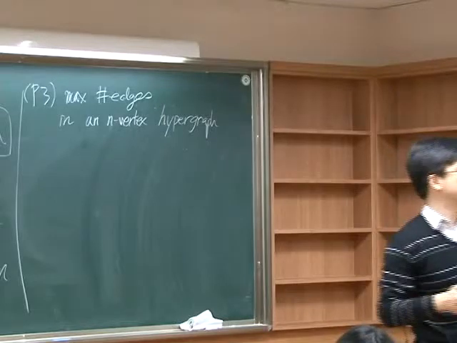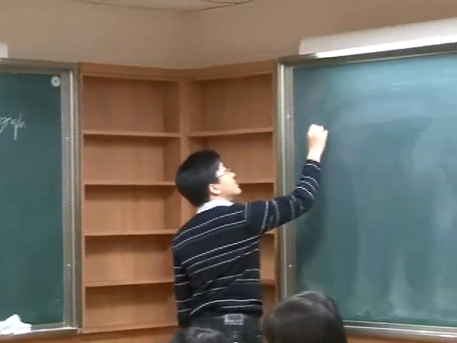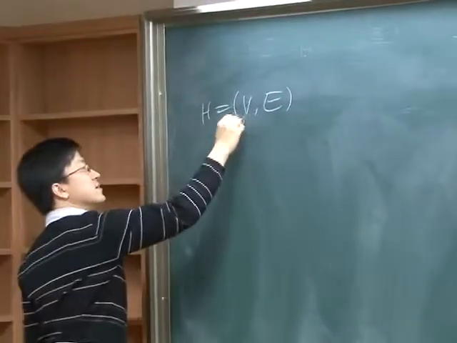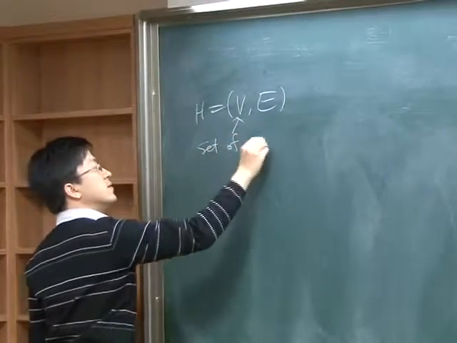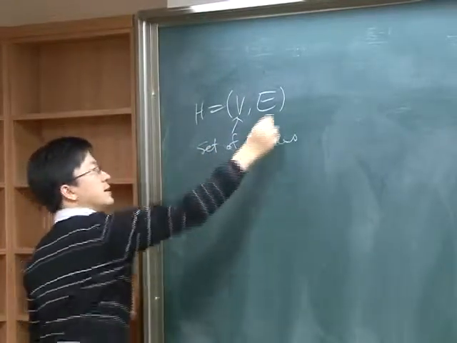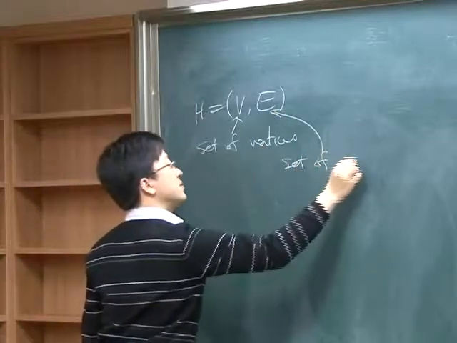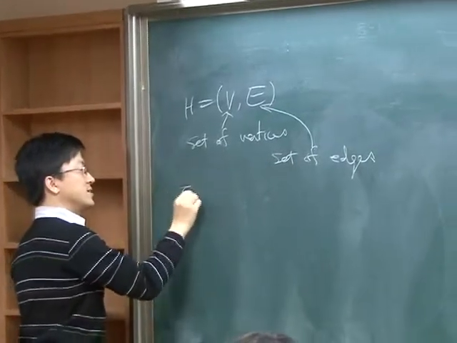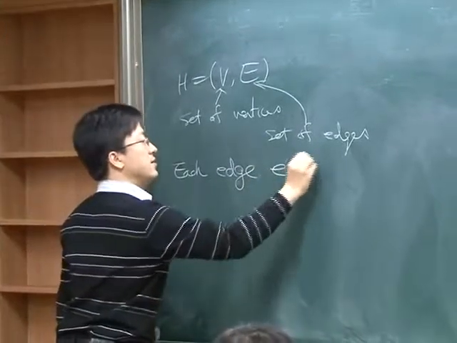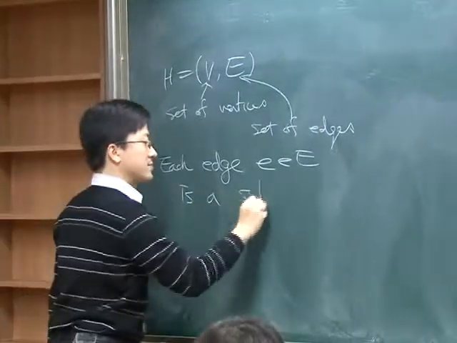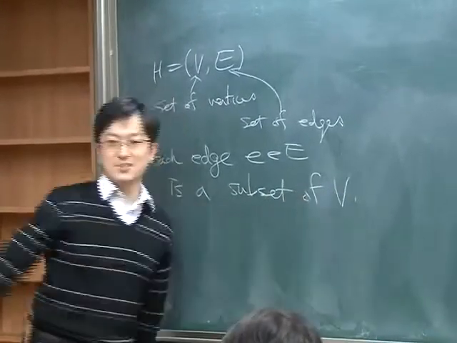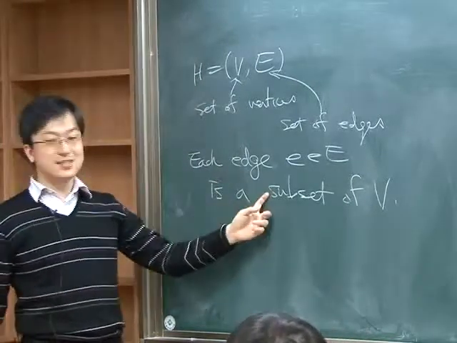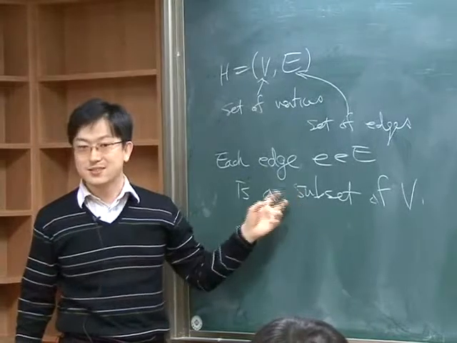So a hypergraph H is just a pair of a set of vertices and a set of edges, and the condition is that each edge E is a subset. That's all. If it's a graph, then you need to say that each edge is a subset of size 2. So this is a relaxation.